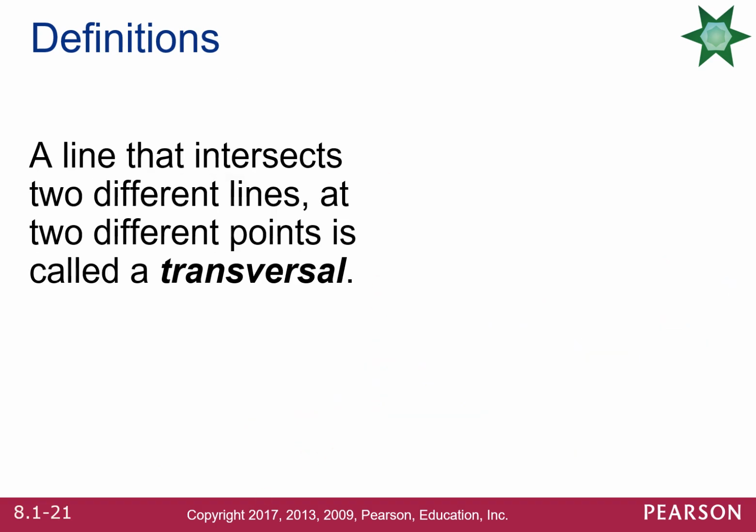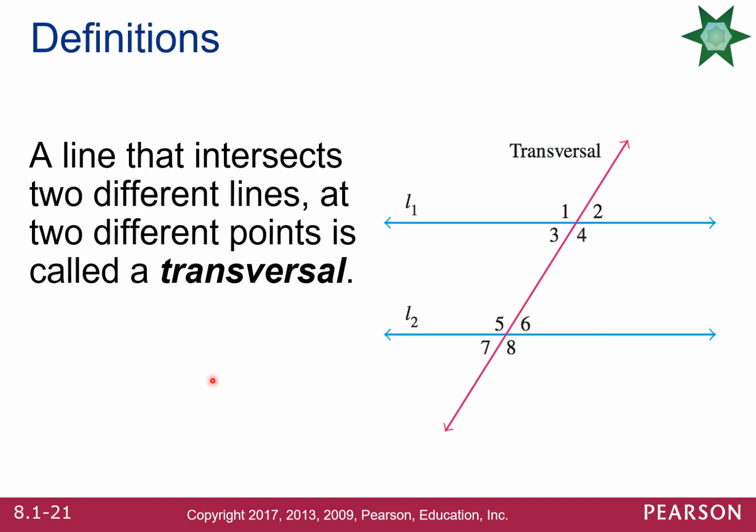Now, another kind of line is called a transversal. It is a line that intersects two different lines at two different points. Here we have line 1 and line 2, and we see they are running parallel to each other, and this line intersecting both the blue parallel lines is called the transversal.